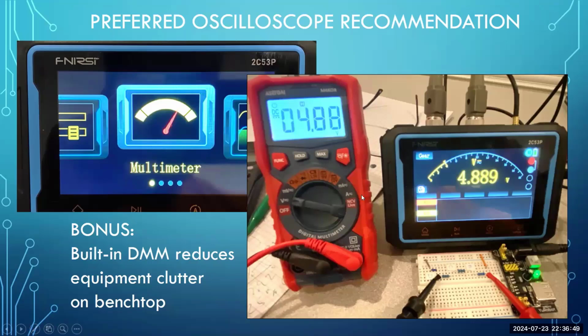If you want to make two different measurements, but simultaneously see what they read, then yes, you could engage using your handheld in addition to the multimeter that's built into this tablet. So the idea here is, since it happens to be built in as a bonus, it does reduce the clutter that's on your desktop.